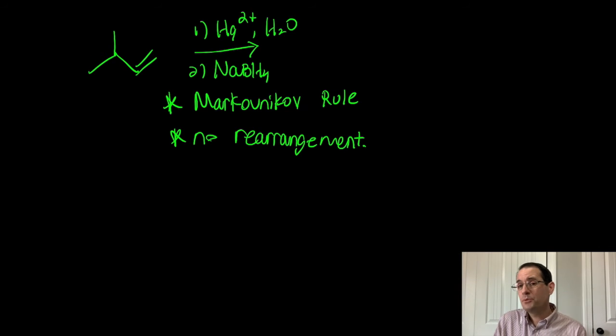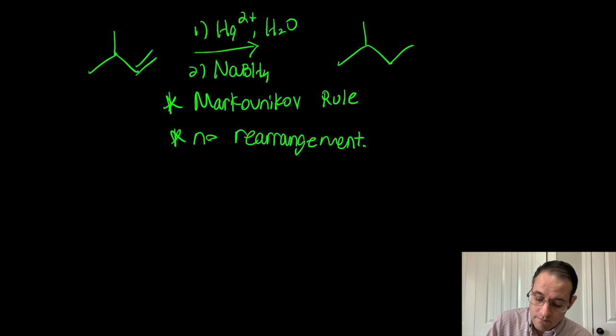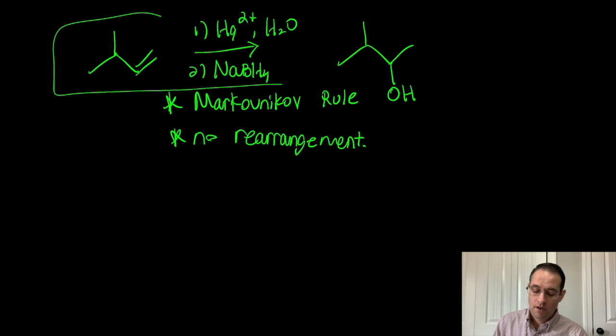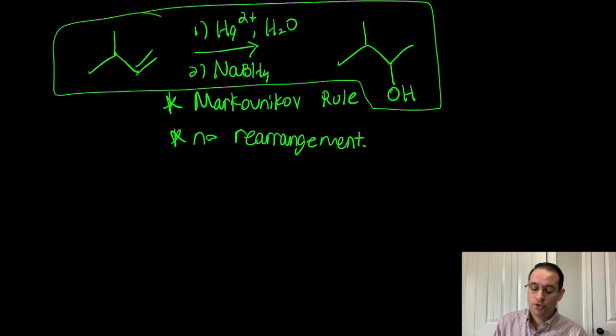If you need a review of Markovnikov's rule, I urge you to look back on Chapter 8. We are going to get always the more substituted alcohol when we have a choice. So that's a great flashcard reaction there. No mechanism to memorize for this, okay?